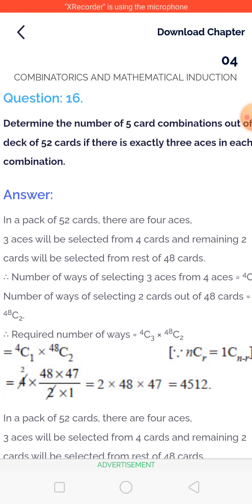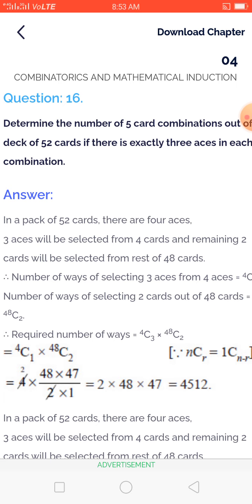So 3 aces will be selected, correct. In the deck we only have 4 aces, and from those 4 aces we have selected 3 aces.